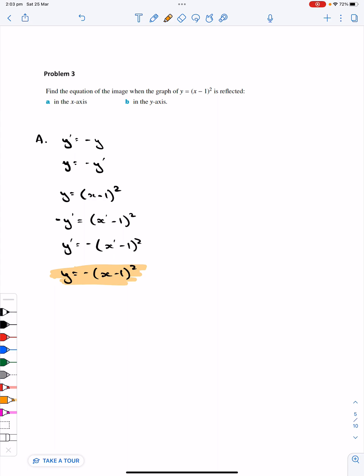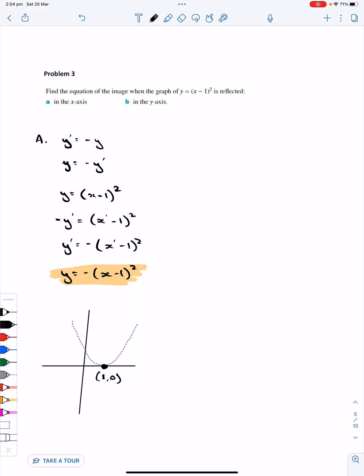But if I think about this graphically, my first graph here would have been a parabola looking like so, and it would have a turning point intercept at x equals 1, or we might call it (1, 0).